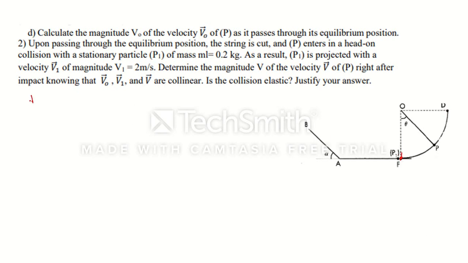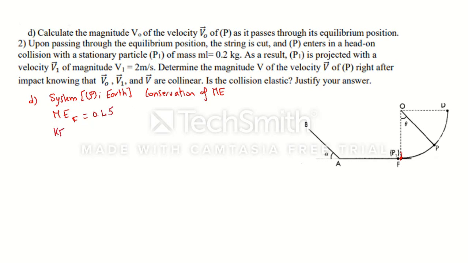So in order to find the speed, we still have a conservation of mechanical energy. So the system is the same. The system is S, or the pendulum P, and the Earth. We have conservation of ME. So the mechanical energy at the point F is equal to 0.45 since it's conserved.